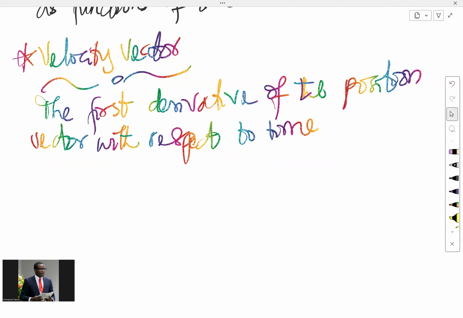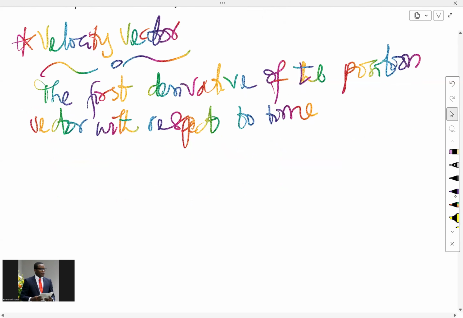The velocity vector is the first derivative of the position vector with respect to time.